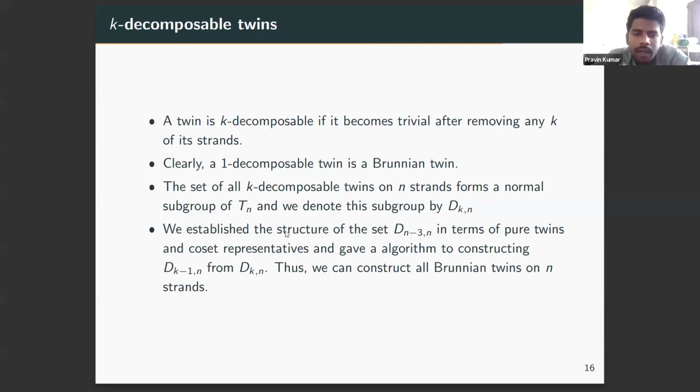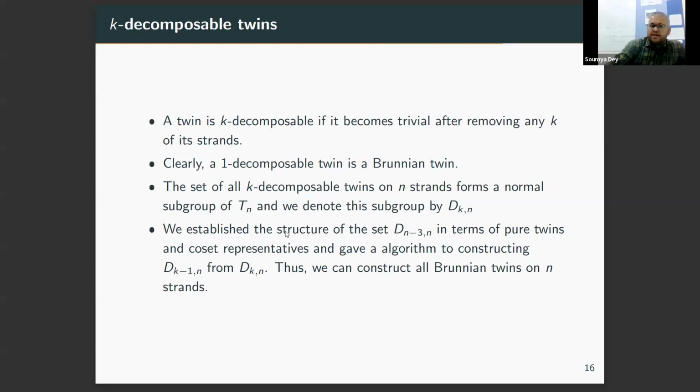In other words, we are defining a set theoretic map from the pure twin group to the set of all Brownian twins, which forms a retract map. That is, if I start with any twin, we give a construction which gives you a Brownian twin. If I start with a Brownian twin, I will get back the same element. So we have just defined a retract map from the pure twin group to the Brownian twin group.